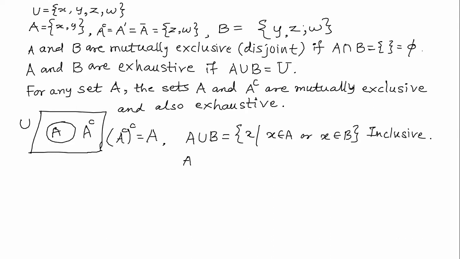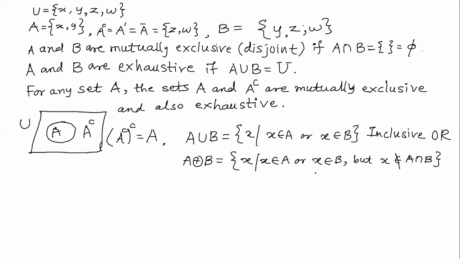Yesterday I talked with you about exclusive OR also. A ring sum B, also the symmetric difference of A and B, is x belongs to A or x belongs to B, but x does not belong to A intersection B. So this is exclusive OR.